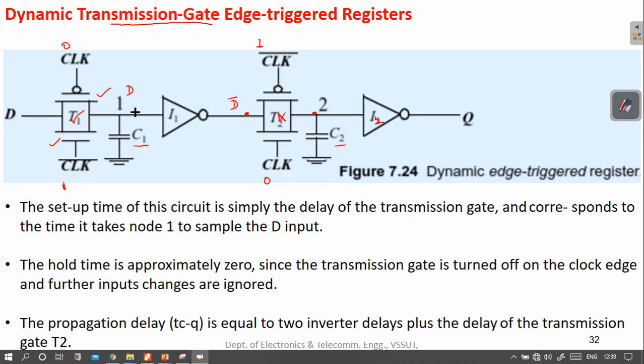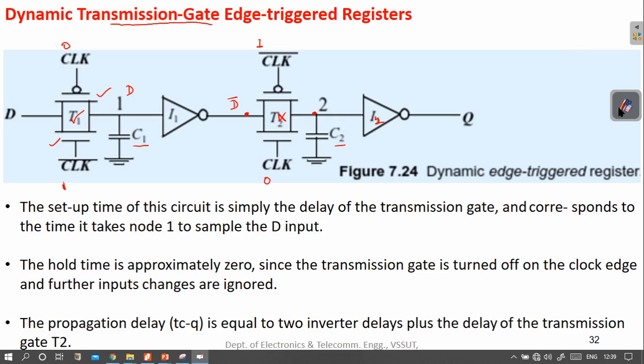If you are providing 5 volts here, you will get 5 volts here. If you are providing a 0, you will get a proper 0. Because of this fact, the inverter is inserted here. This path was not available, so this D bar will remain here when clock is 0.